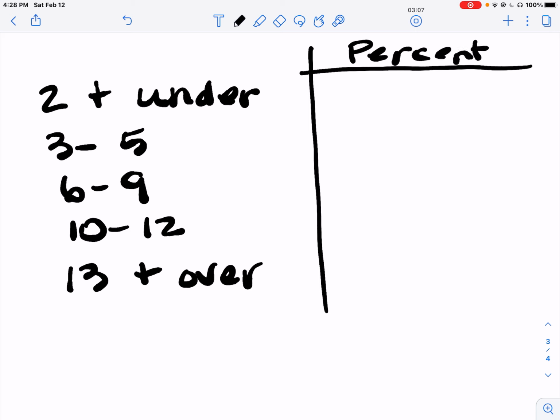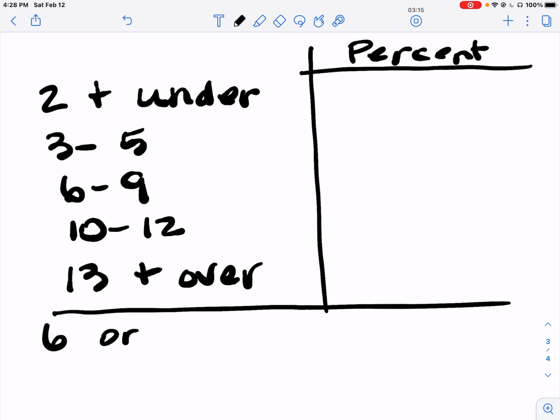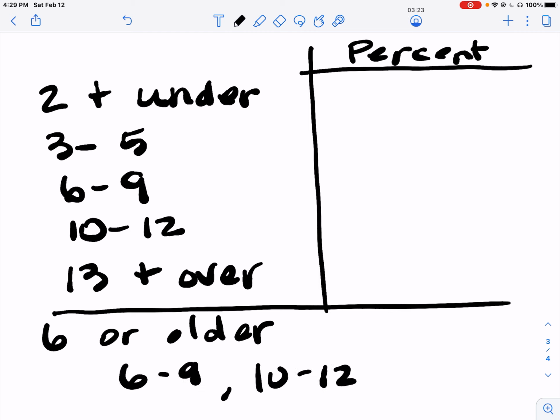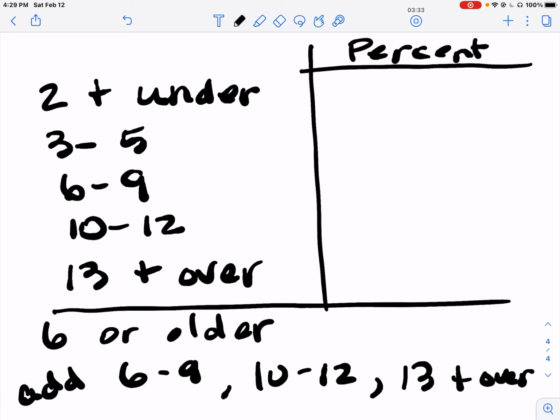Okay, if it says 6 years or older, that means you add the 6 to 9 category, the 10 to 12-year-olds, and the 13 and over. Okay, 6 or older means add up all the percents for that.